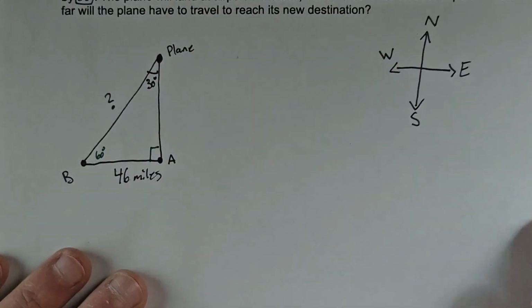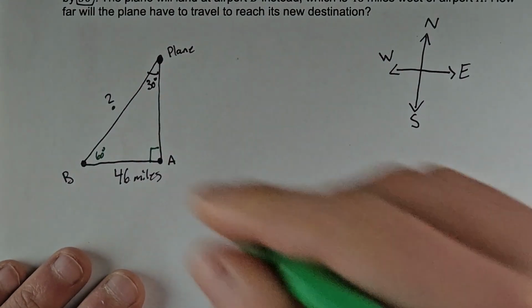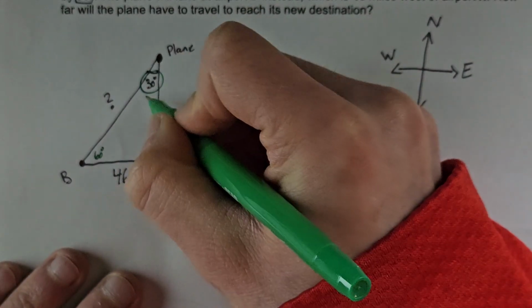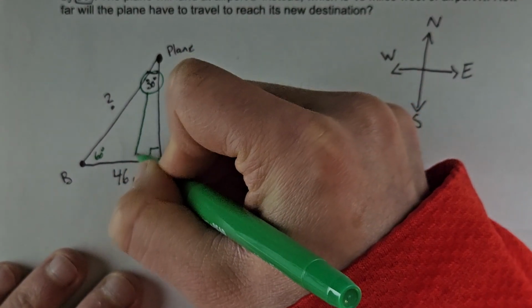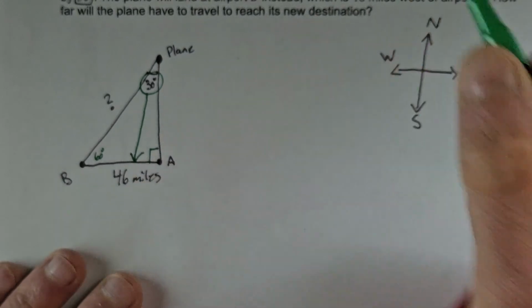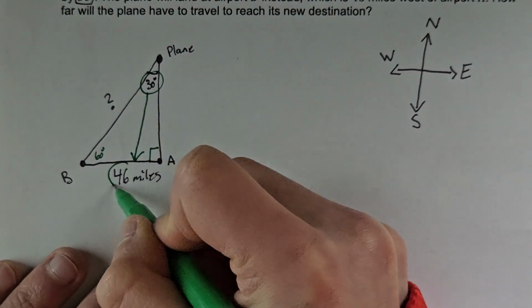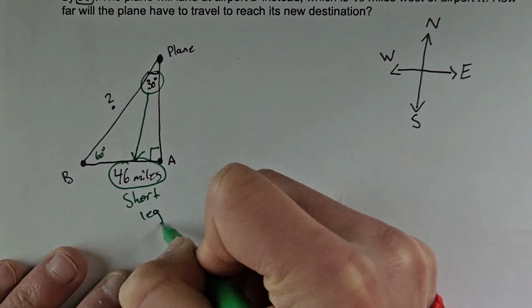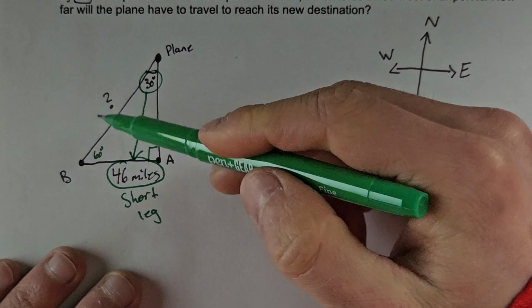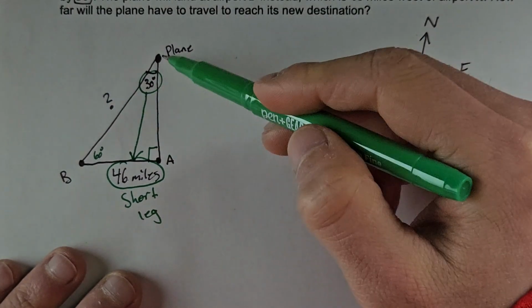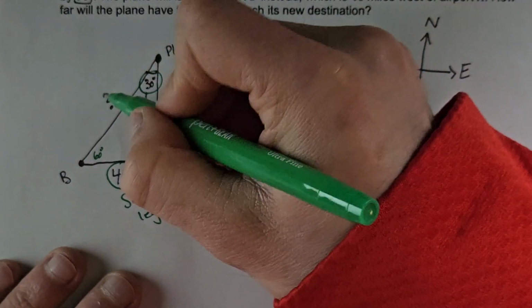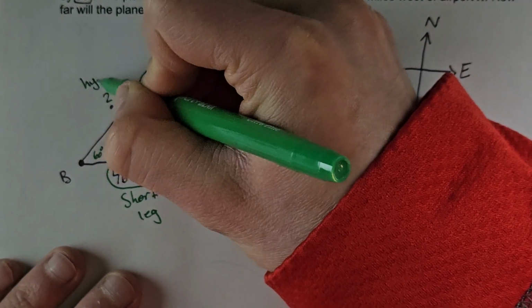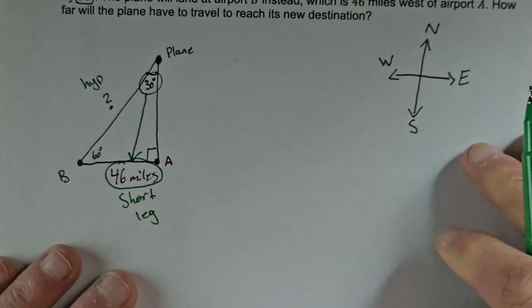So that means 30 is my shortest angle, so that I can find the shortest leg. Going directly to the opposite side, I'd end up getting 46. So that means 46 is my short leg. I need to find out what this is right here, the distance from the airplane to B, which is going to end up being my hypotenuse, since it is opposite of that right angle.